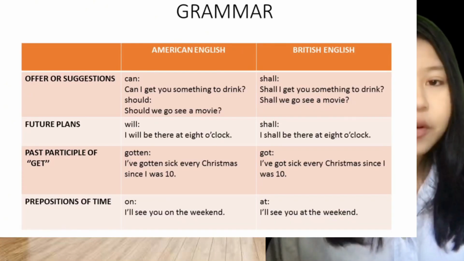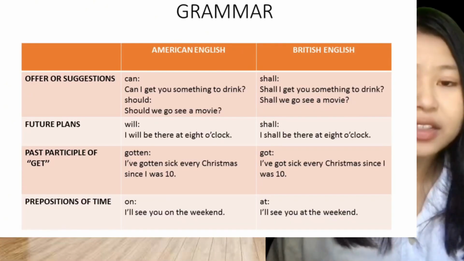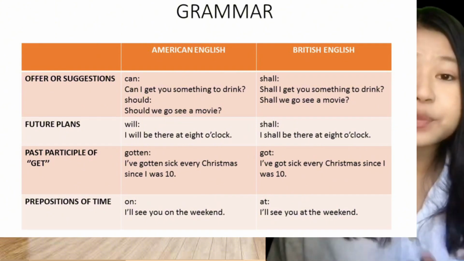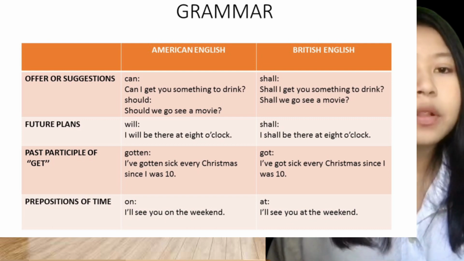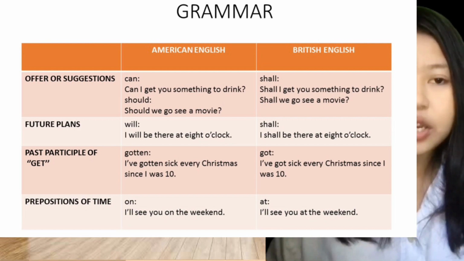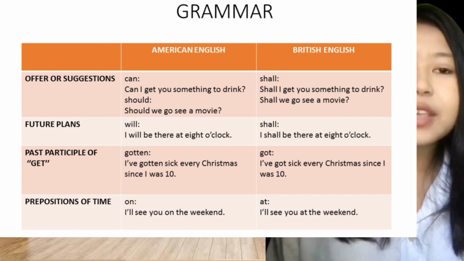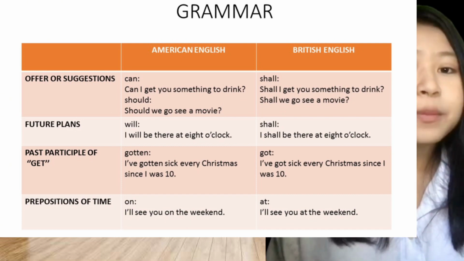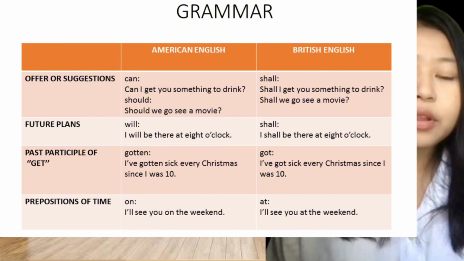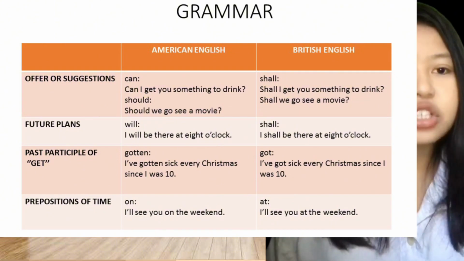As for grammar, American and British English have some differences in expressing things. For example, when offering in certain situations, American English uses can, meanwhile British English uses shall. We can look at an example sentence.